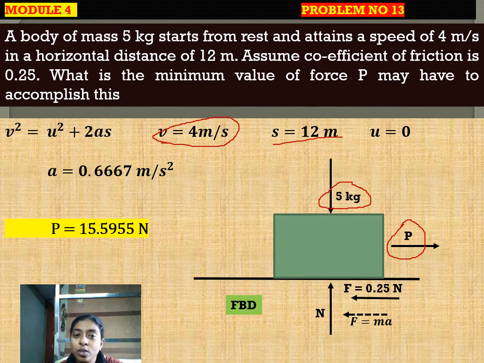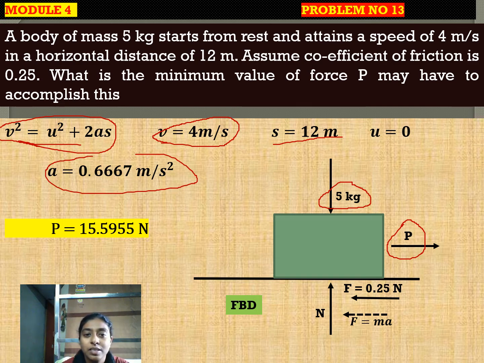By substituting in the equation of motion, v square is equal to u square plus 2as, we get a is equal to 0.6667 meter per second square. Now a is known, so we can resolve the horizontal and vertical components. We get P is equal to 15.5955 Newton.